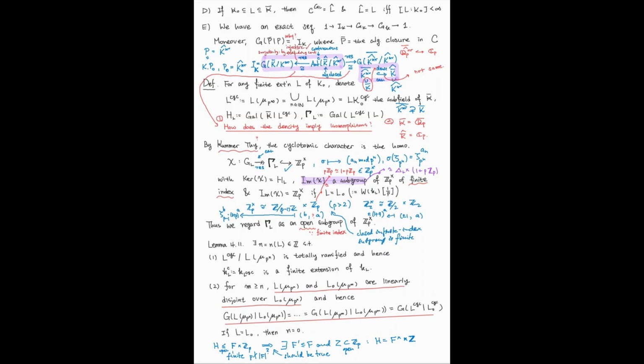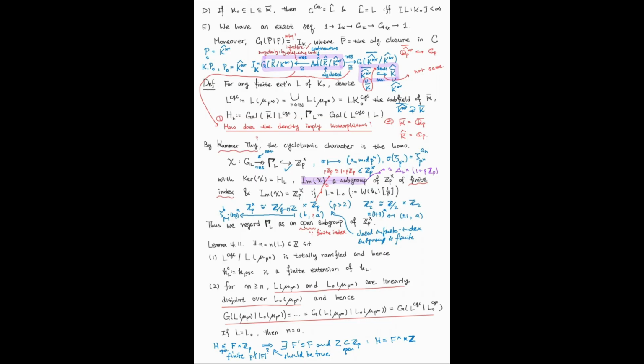This is also in fact the same as the Galois group of K N R hat. Again, this is some sort of continuity argument, that this should be the same.